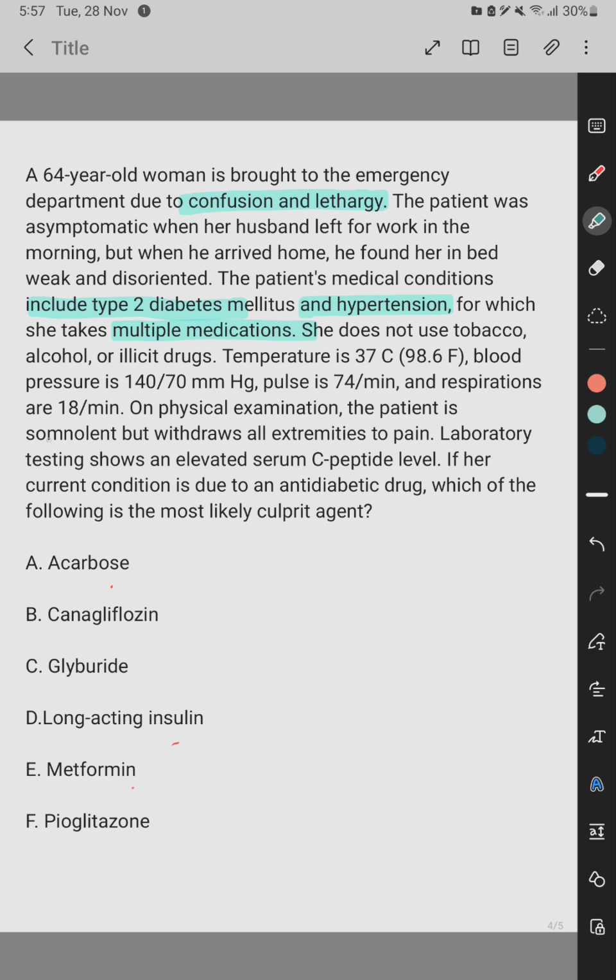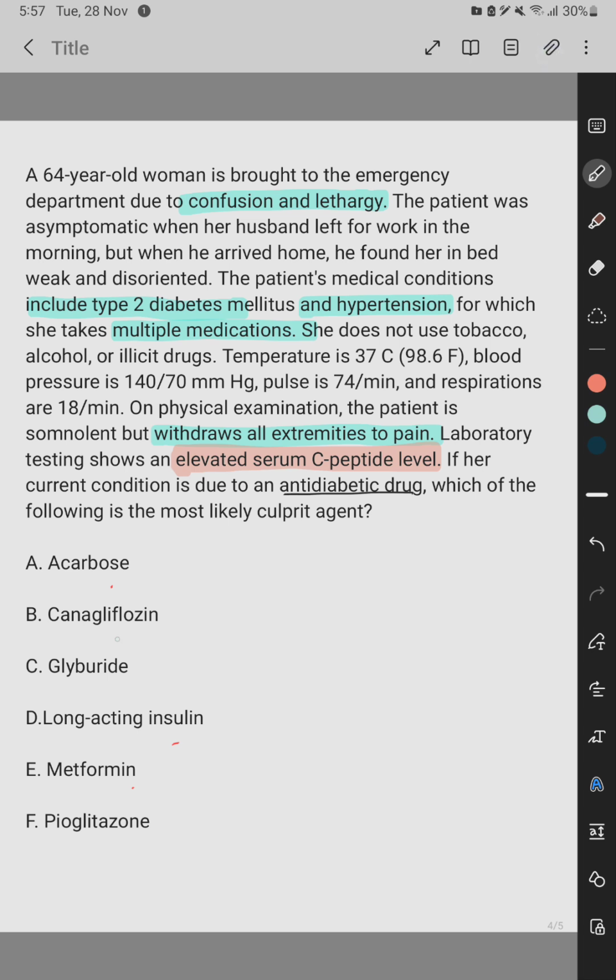On physical examination, the patient is somnolent but withdraws all the extremities to pain. Laboratory test shows elevated serum C-peptide levels. This is a very important buzzword in this question. Now, if her current condition is due to an anti-diabetic drug, which of the following is most likely the culprit agent?